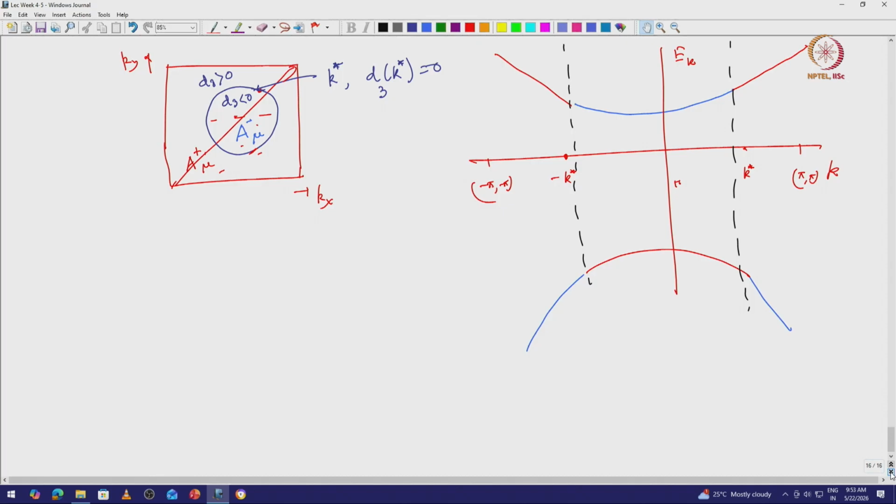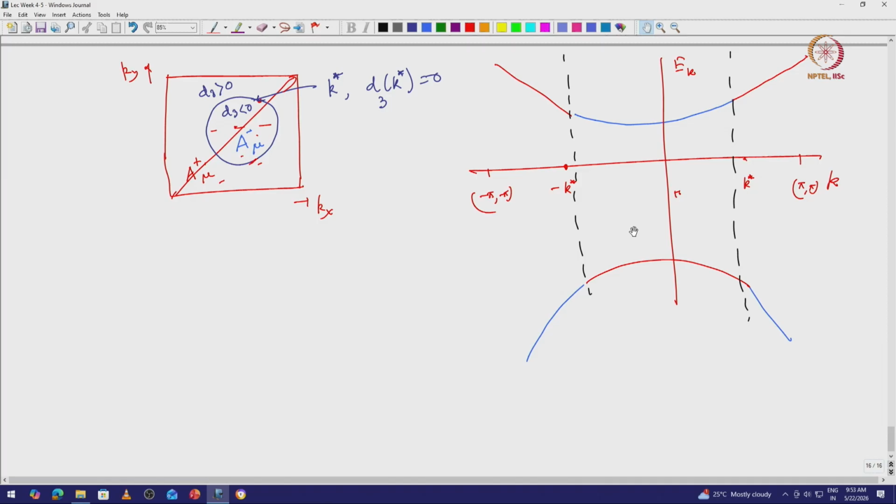And that is what we denote. Okay. So, in this region then you will have, let us say, A minus, and in this case then you will have A plus within the same band. Right.